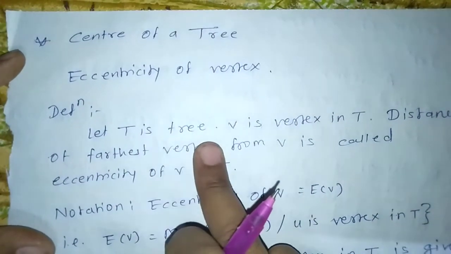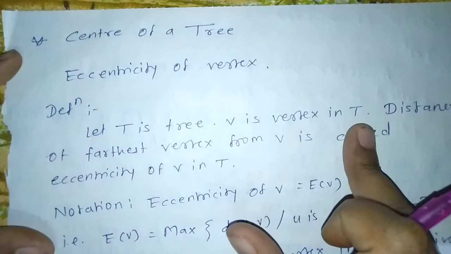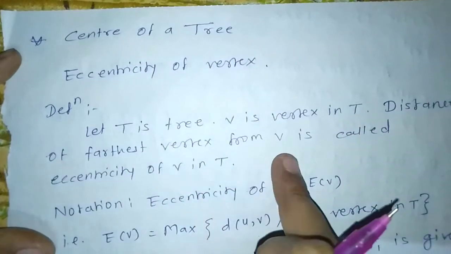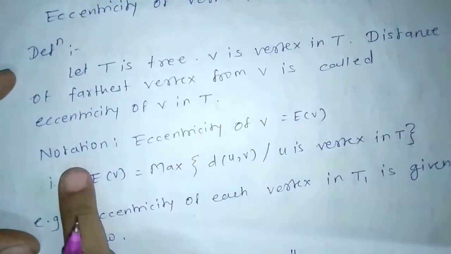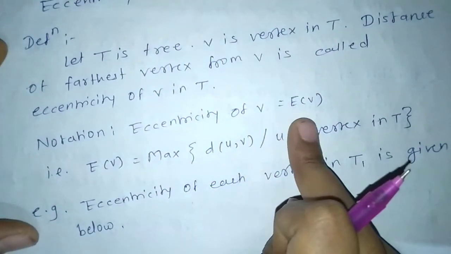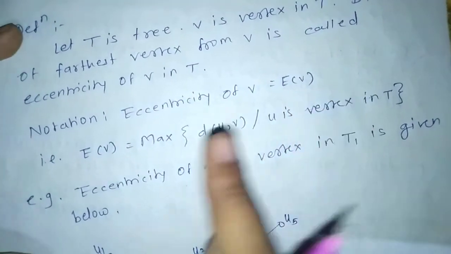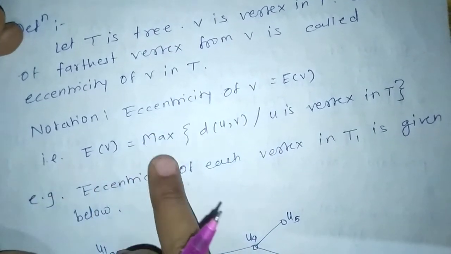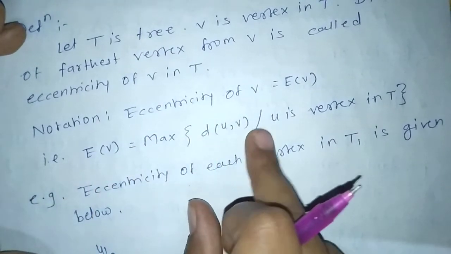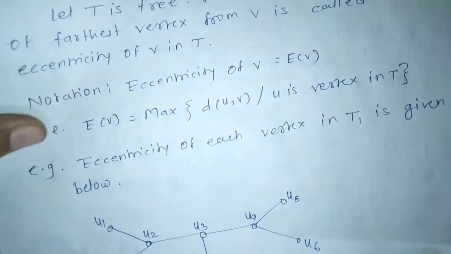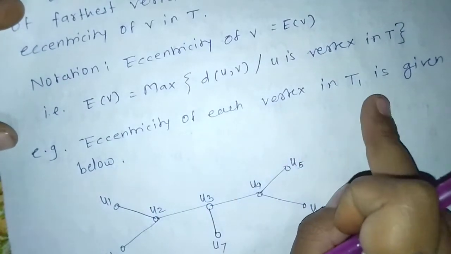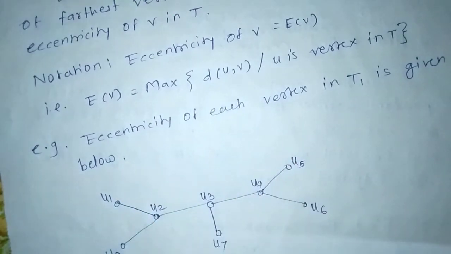Definition: let T be a tree and V a vertex in T. The distance of the farthest vertex from V is called the eccentricity of V in T. Notation: eccentricity of V is equal to capital E of V. That is, E of V is equal to the maximum of distance of UV such that U is a vertex in T. For example, the eccentricity of each vertex in T1 is given below.